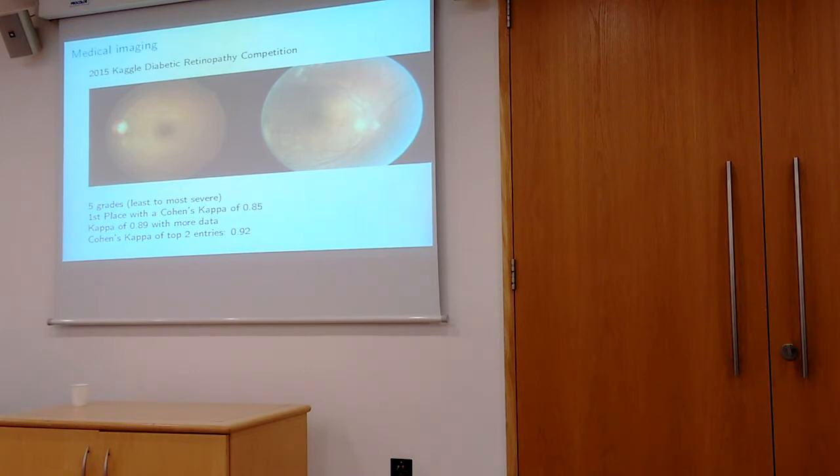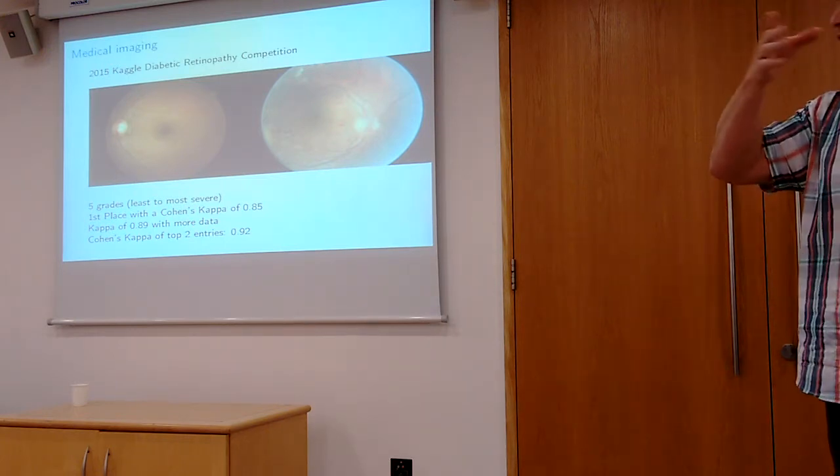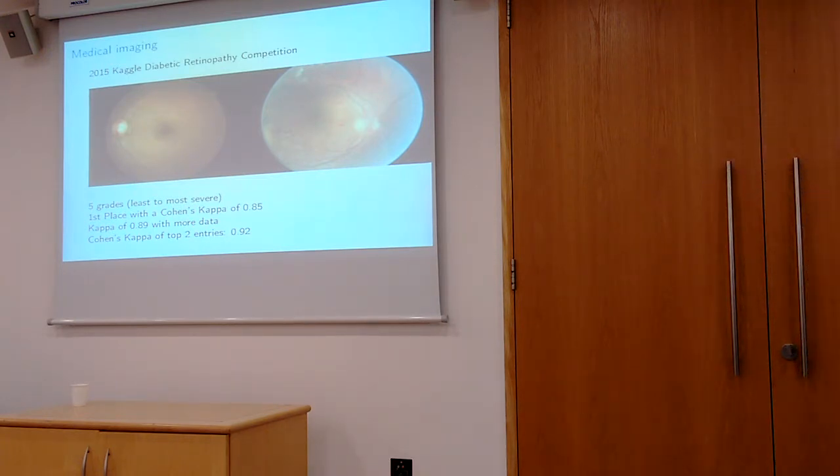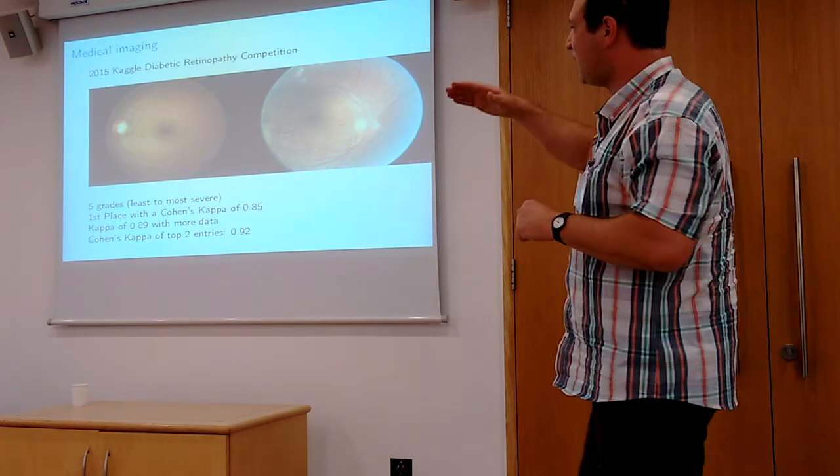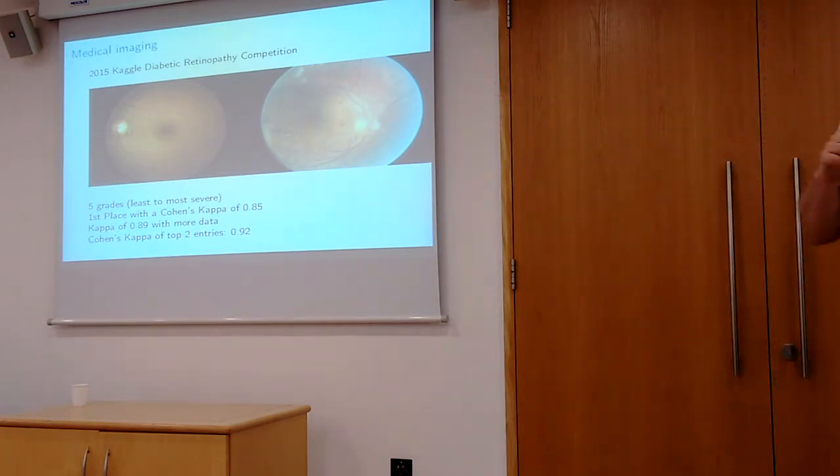Because if you test the same person on the same image two days apart, they're not very reliable. And if you look at two people working in the same lab sitting at neighbouring desks, they're also not very reliable. So computers can average out the training labels to produce a more consistent classification.